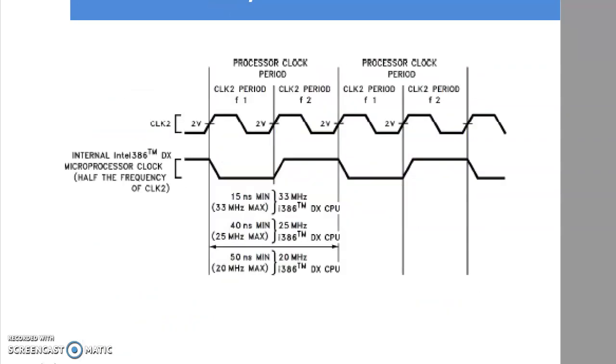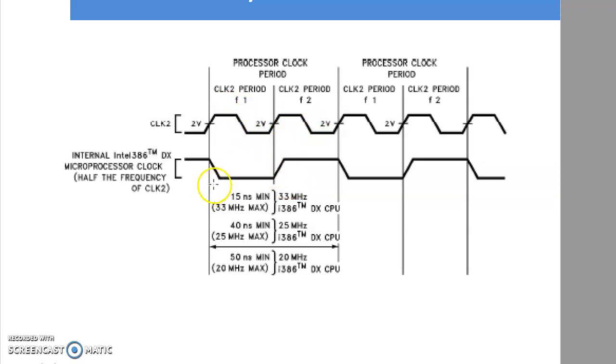So this is the system clock, how it is represented. You have high and low values of the clock. You have a system clock and you have a processor clock. The system clock is basically twice the cycles of the processor clock. That means for one processor clock you have two system clocks.